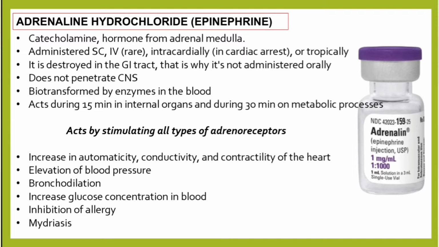This drug acts by stimulating all types of adrenergic receptors. It increases automaticity, conductivity, and contractility of the heart. It causes elevation of blood pressure, bronchodilation, increase in glucose concentration in the blood, inhibition of allergy, and mydriasis.